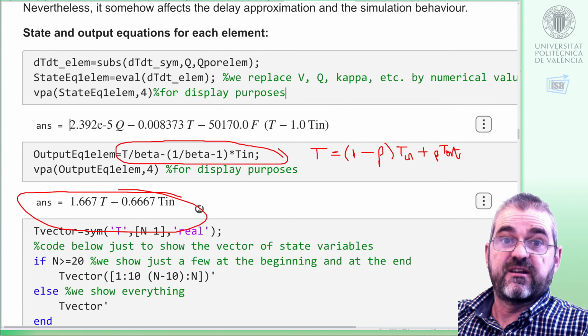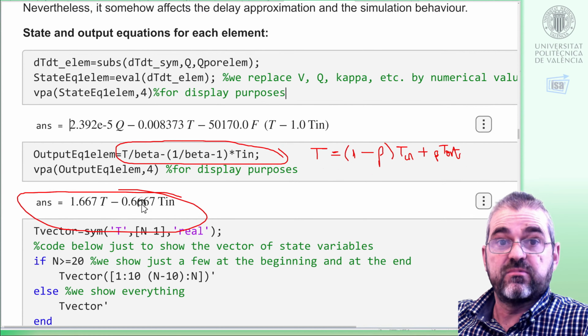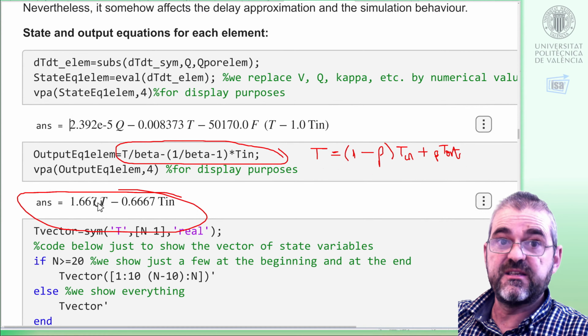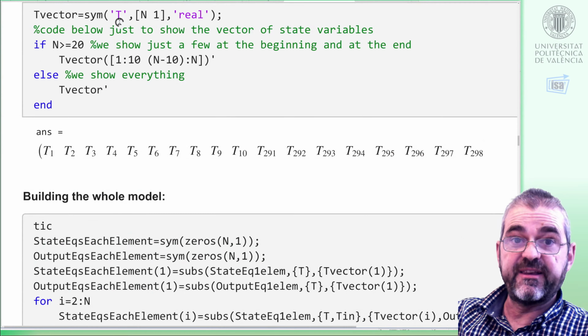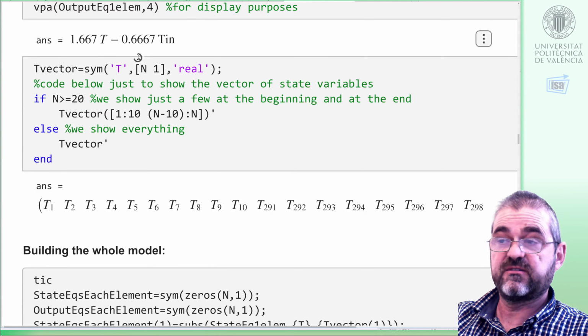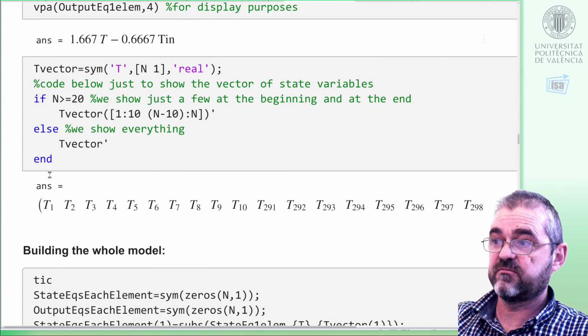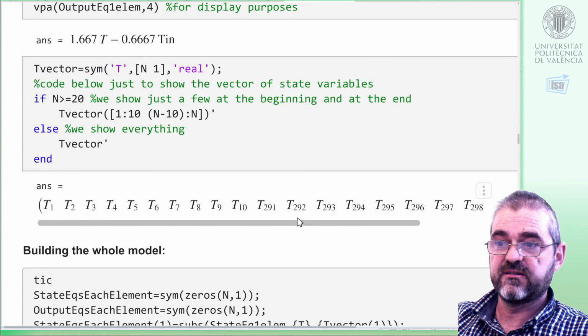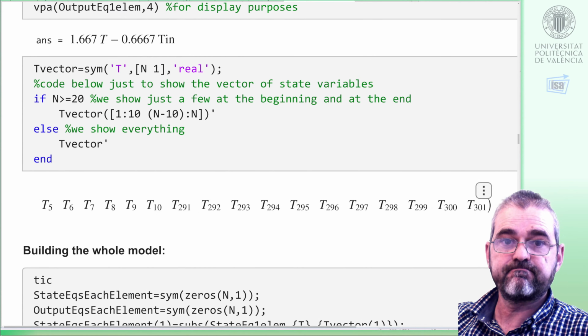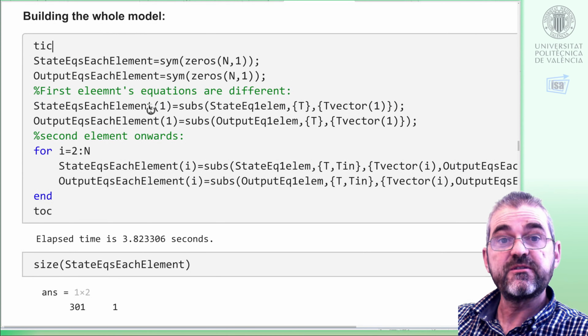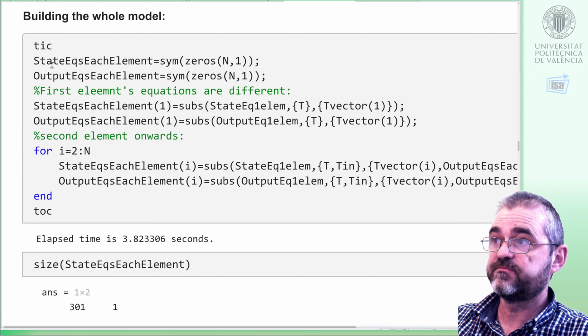So it will be something like this in our particular example, let's say. If we change beta, these numbers would change, of course. So we will now create a vector of capital N symbolic variables from T1, T2, T3 up to the last T301. So we are now in condition to build the whole model.